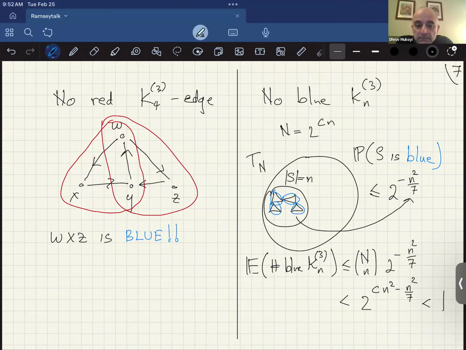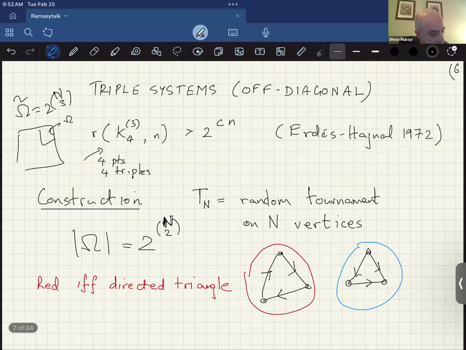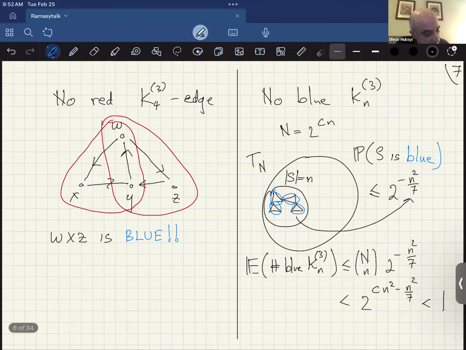And what's the chance that this happens? Maybe I got this wrong; this is blue, this is pointing that way, so maybe it's a quarter. Maybe I should have written 4. Doesn't matter, it's a constant. The chance of being blue is some constant, and if all these things are blue, then you have probability e to the minus constant n squared.